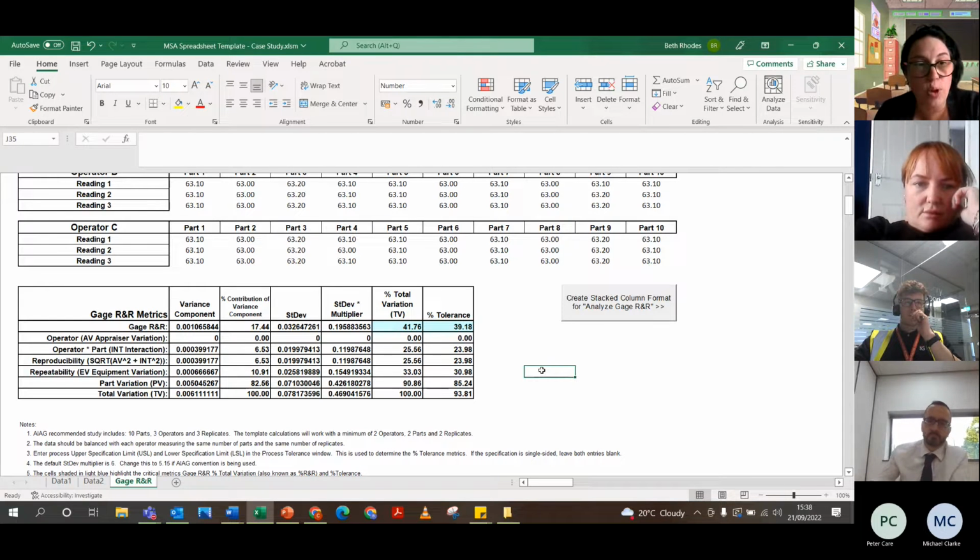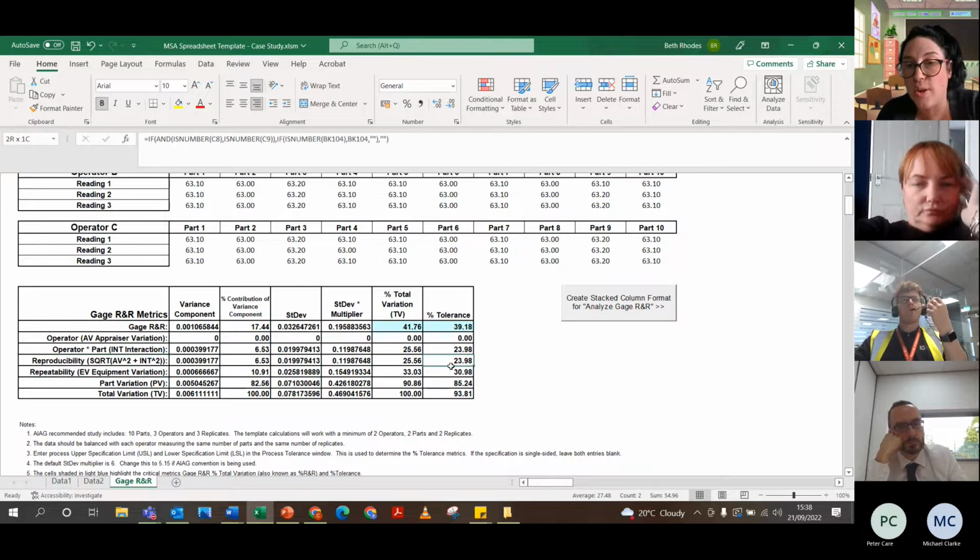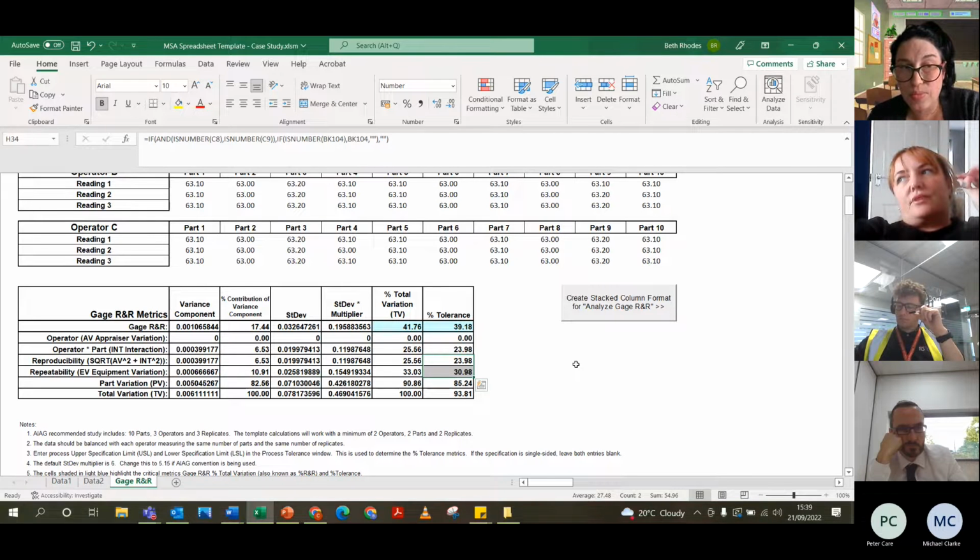Then we can see here it's looking at our reproducibility and our repeatability. So we now have tolerances for those as well. What is reproducibility, guys? Same tool, different people.